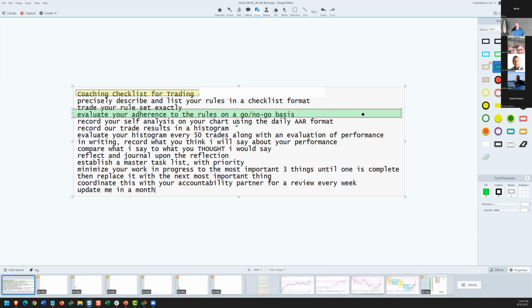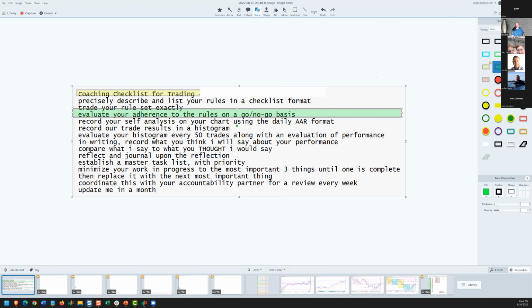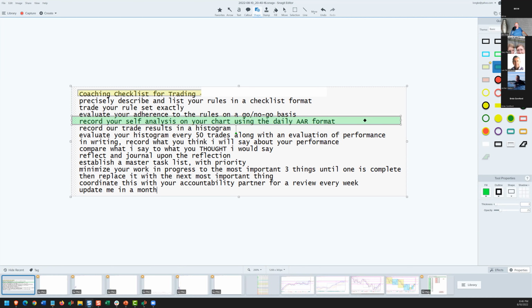And then evaluate your adherence to the rules on a go or no-go basis on every member of that checklist. Then at the end of the day, using the daily after-action review format, record your self-analysis in writing in your learning journal for sustains, improves, and action steps in the 4 phases of plan, prepare, execute, and assess.